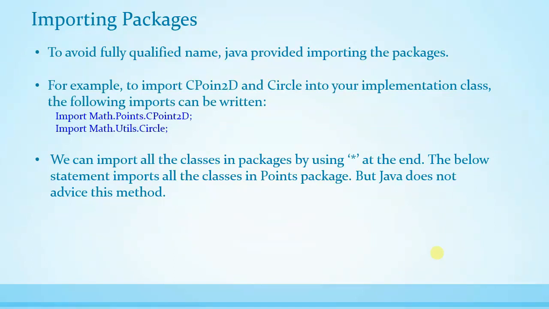But Java doesn't recommend placing the asterisk and importing all the classes in a package, to avoid name collisions. The statement is: import math.points.star. That means we are importing all the classes inside the points package, and points is a subpackage of math.